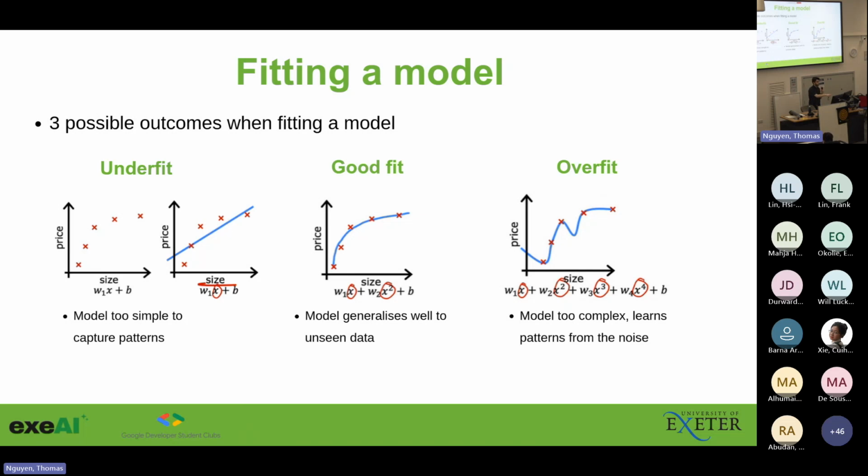It's just memorizing each data point. So it might turn out successful for training data because it knows where everything is. But when it's asked to put in new data, it will be like, oh, well, it must go here, right? Surely that doesn't really follow the general line of the curve here. So it's too complex. We've got too many features, and it actually learns more from the noise. Just memorizes everything.